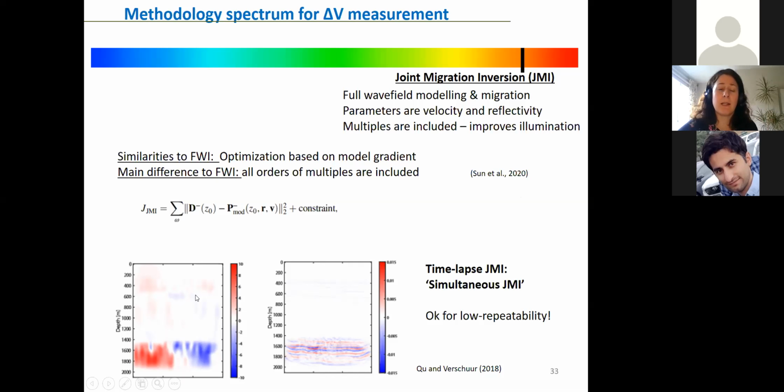So here is an example where they've inverted for the velocity, and here inverted for the reflectivity. And what is particularly useful is that this method works very well even for data sets where we have low repeatability, so differences in the locations of receivers and sources.